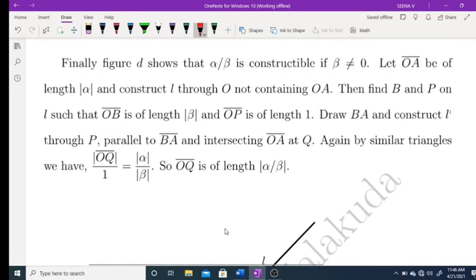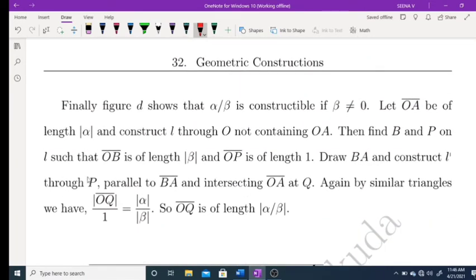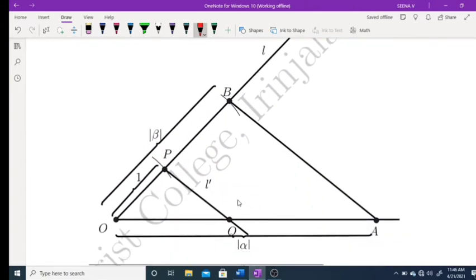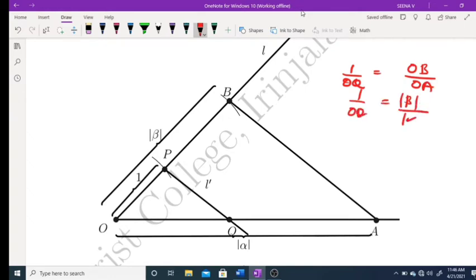Parallel to BA and intersect. Now again by similar triangle properties, what we get? 1 by OQ is equal to OB by OA. That is, 1 by OQ is equal to mod beta by mod alpha.